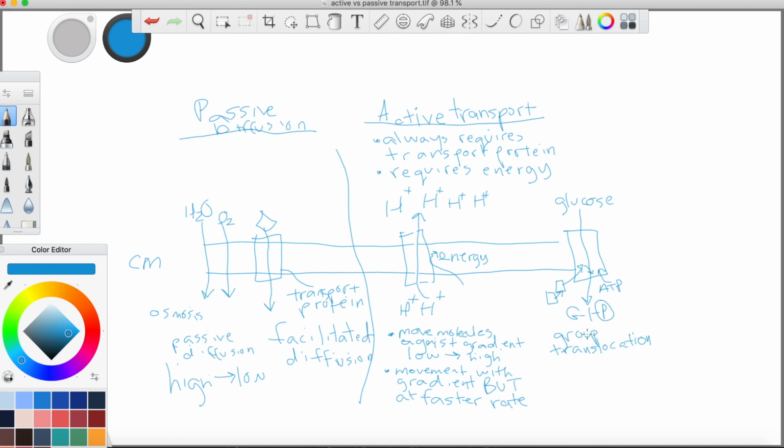It involves a group of enzymes, and in this case, the transported molecule or compound is modified during transport.